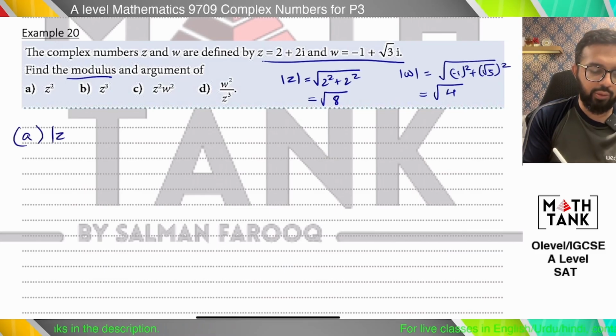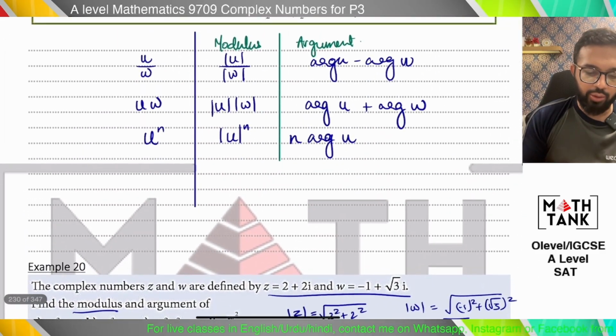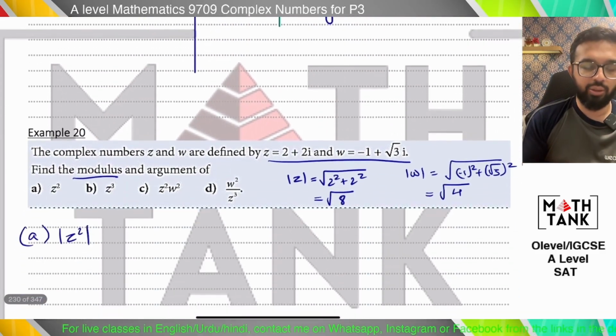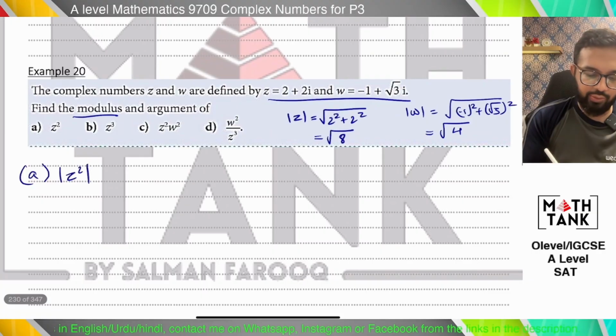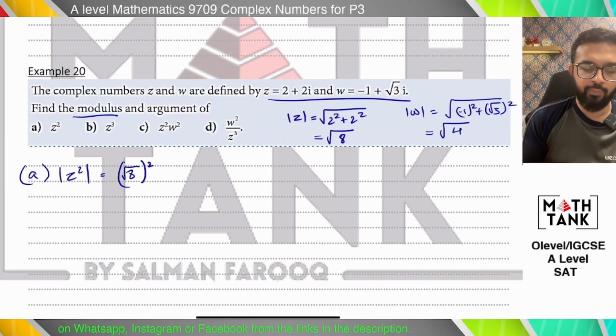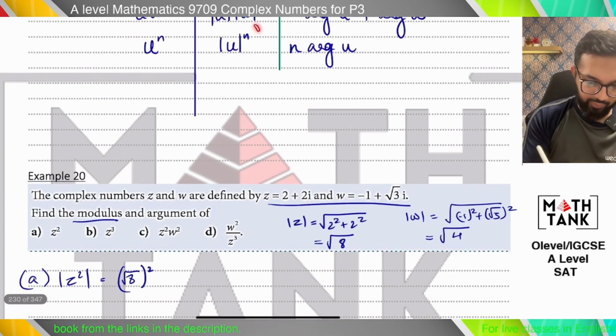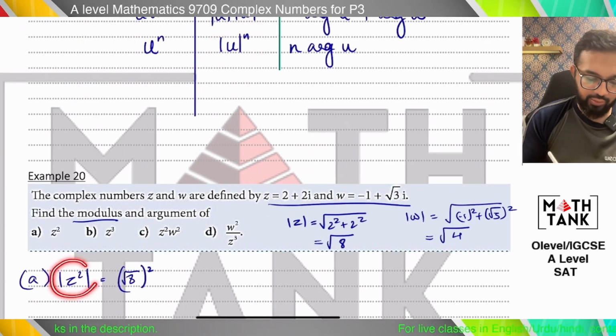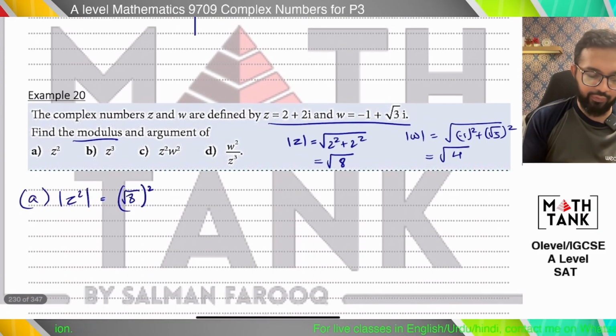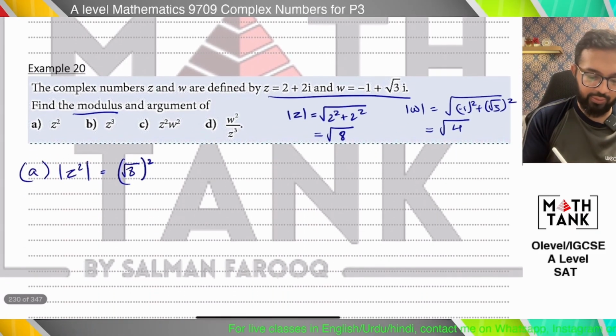So what's the mod of z squared? We just did this, that if you want to calculate the modulus of u to the power n, it's simply the modulus of u to the power n. So this is just going to be root of 8 squared. Just applying this rule that I wrote down on the third step for you, you can just take the modulus of z and square it and you would get the same answer.